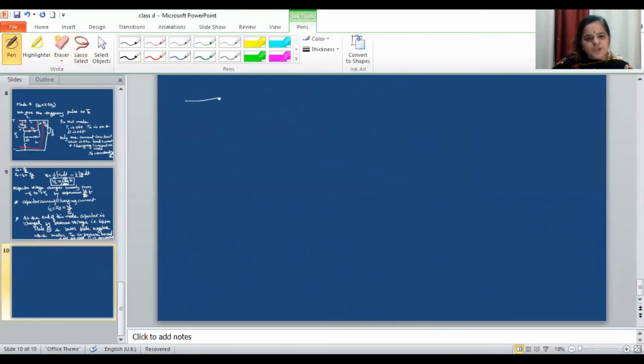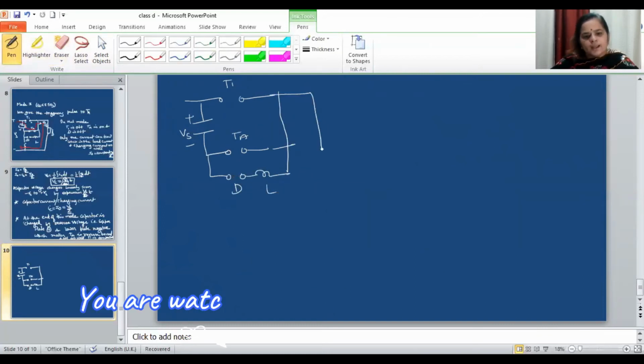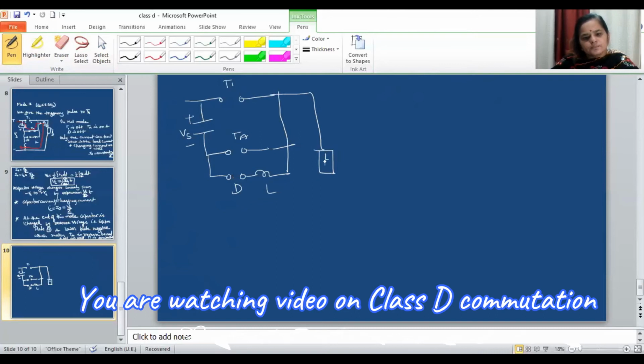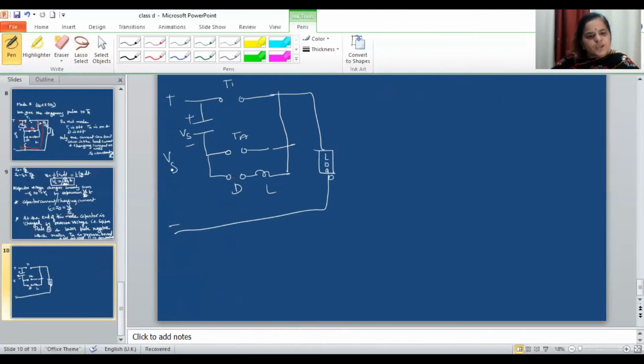So what is the situation at the end of mode 3? The capacitor upper plate positive, lower plate negative. This is T1, this is TA, this is D, this is L, this is L, and here it is the load, here plus minus Vs, and this is RC. Now, due to this capacitor voltage and the supply, T1 is forward biased. So as soon as we give the triggering pulse to T1, it will be short circuit, and this D will also be short circuit.